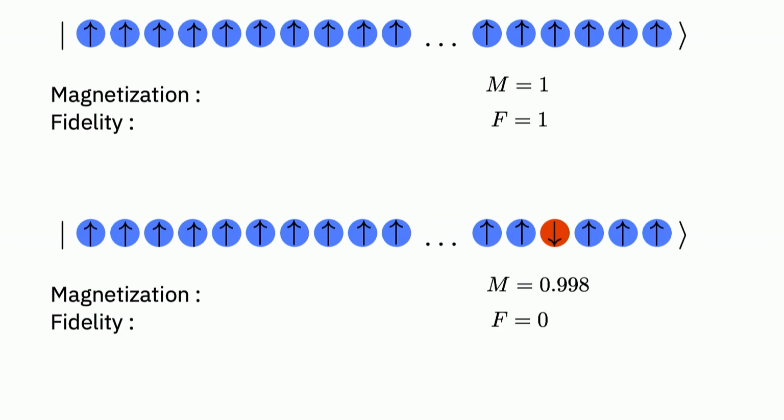Okay. But if I asked instead, what's the average magnetization of these spins? So sorry, this network of 1,000 spins, right? The average magnetization is only going to be wrong in the 3rd digit, right? So perhaps fidelity is more of a worst case metric, right? There might be certain quantities that we can actually extract if there weren't too many errors, okay?